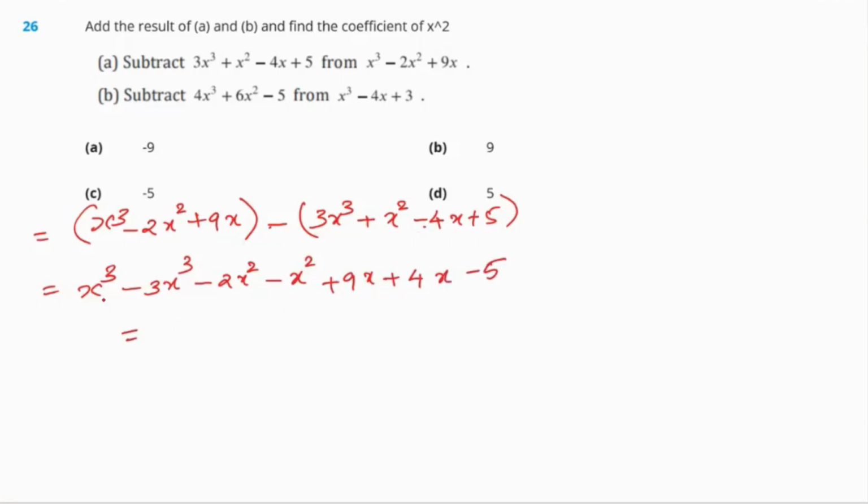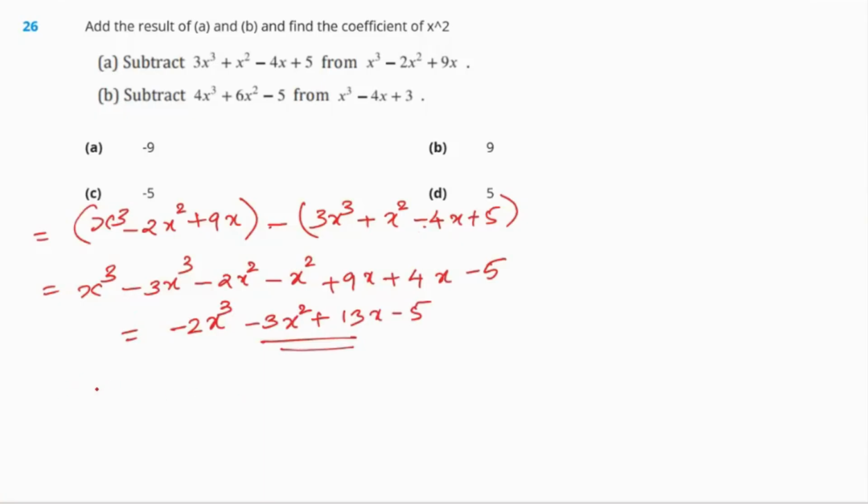So minus 1 minus 3, this is minus 2. We get minus 2x cube minus 3x square plus 13x minus 5 for the first one.